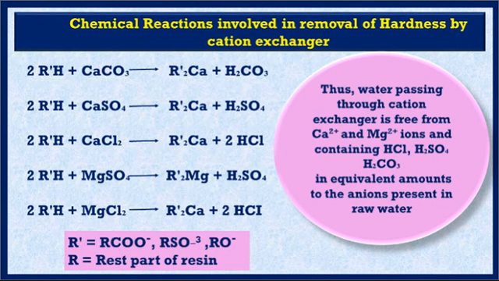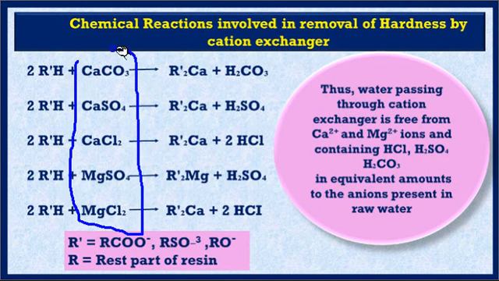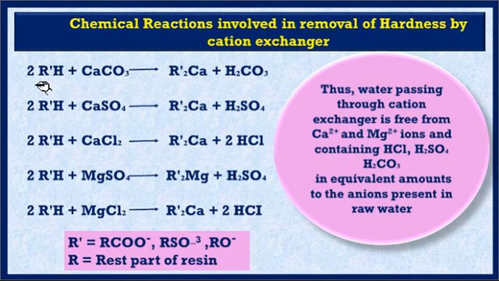So when hard water is passed first through the cation exchange resin, this hard water contains various types of calcium and magnesium salts in it. When this water is passed through the cation exchange resin, all the calcium and magnesium ions present in the hard water exchange with the H plus ion of the cation exchange resin.